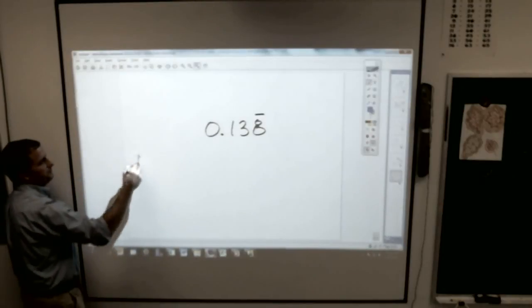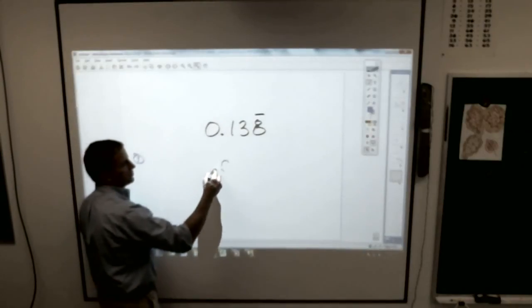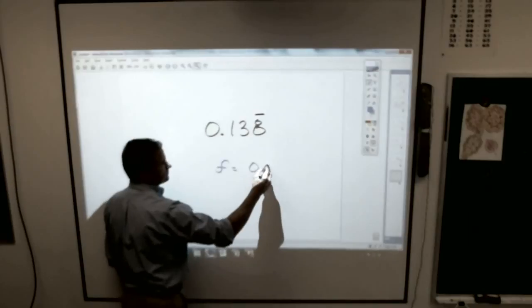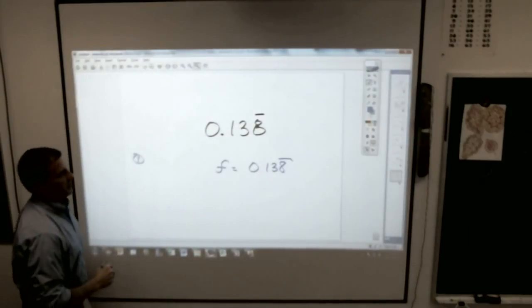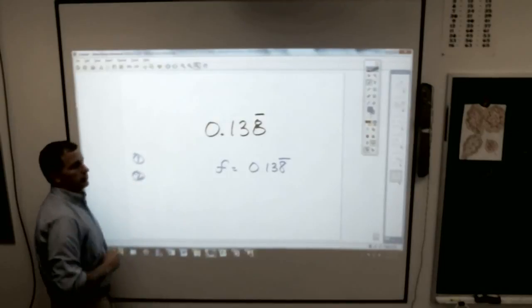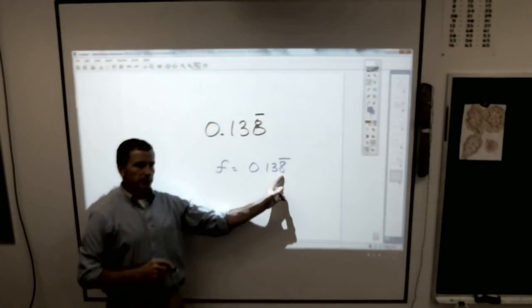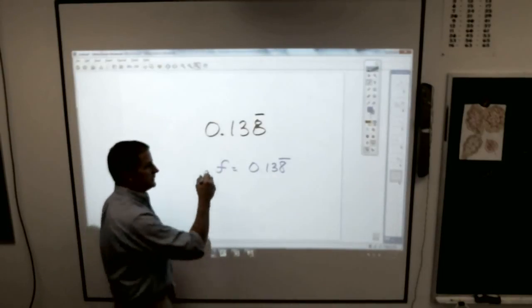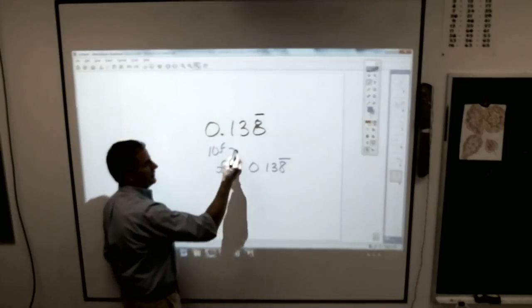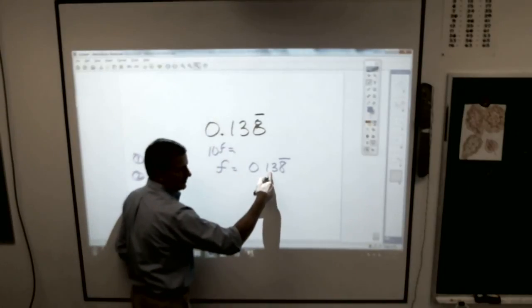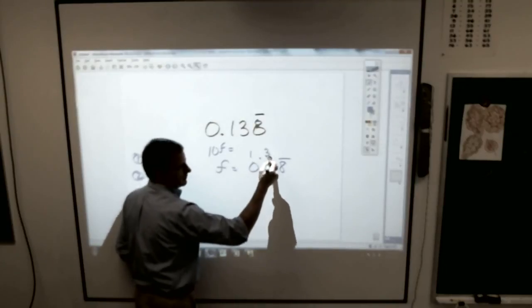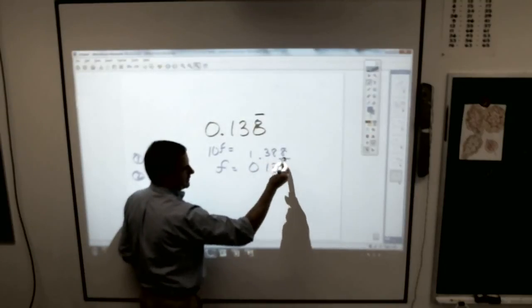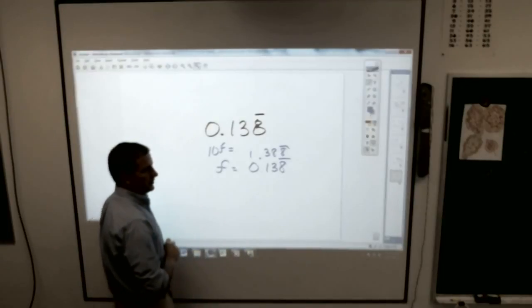Step number 1. 0.138 repeater. Yes. Number 2. 1-digit repeat, so you're gonna multiply by 10. So that's 10f. This decimal's just gonna move 1 here, so the decimal goes here, the 1 goes in front. The 3, 8, 8 repeater. You gotta keep going till you get the repeater above the repeater.